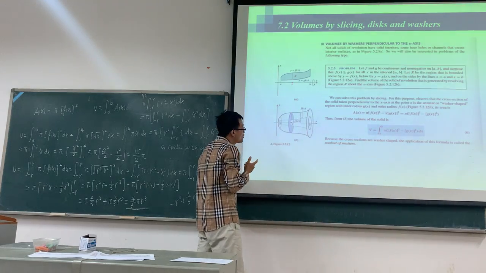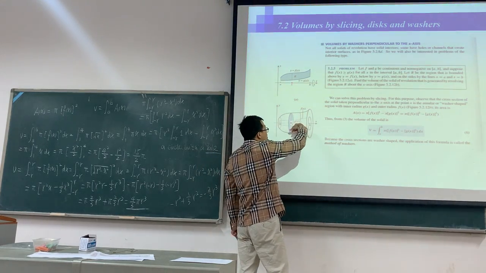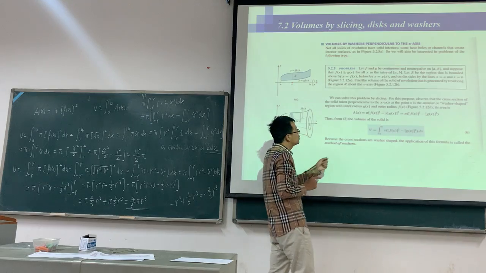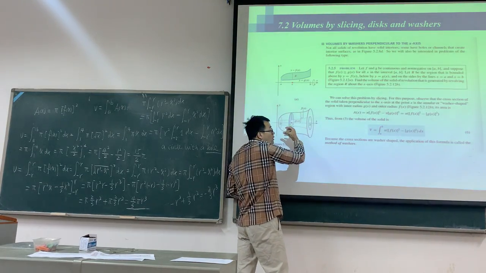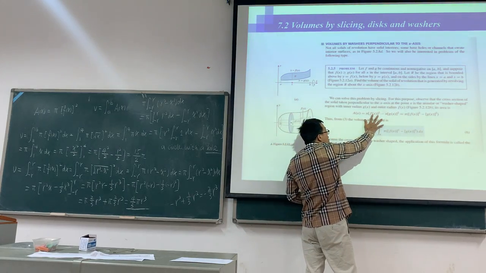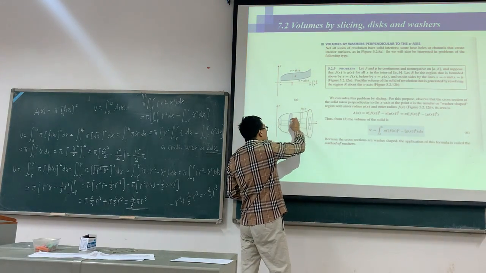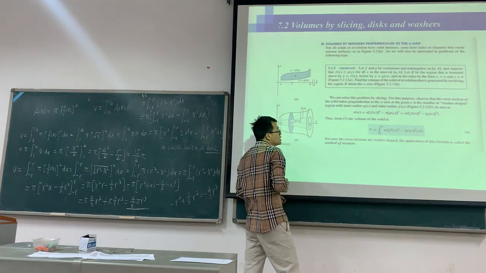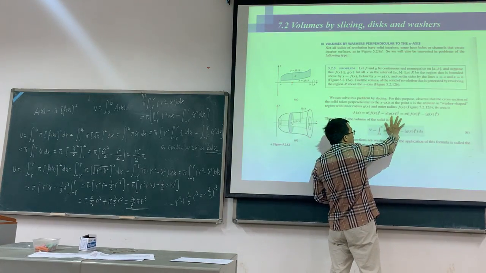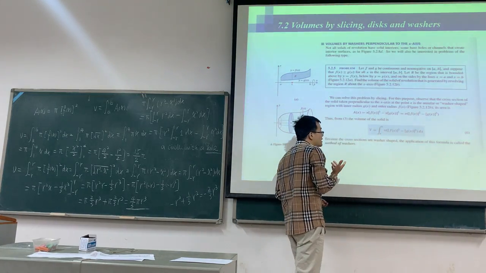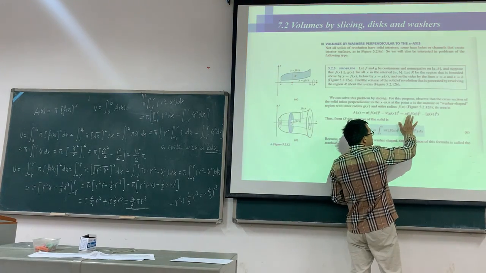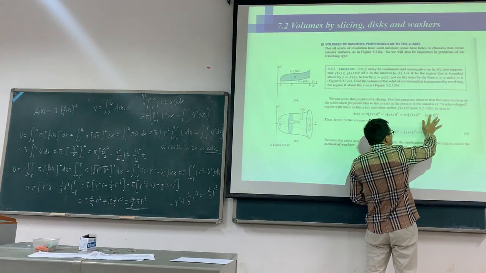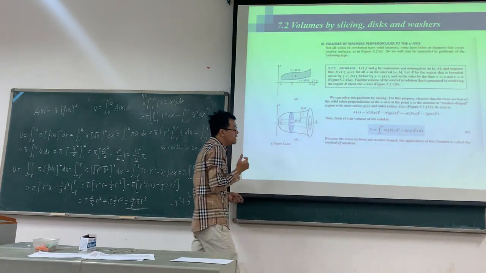So the area A(x) equals the area of the outer circle, pi f(x) squared, minus the area of the inner circle, pi g(x) squared. So A(x) equals pi times f(x) squared minus g(x) squared.